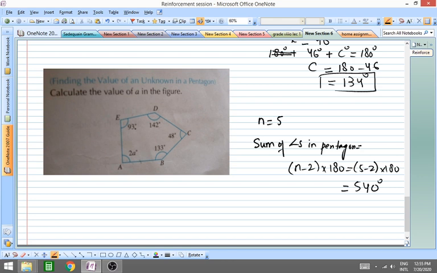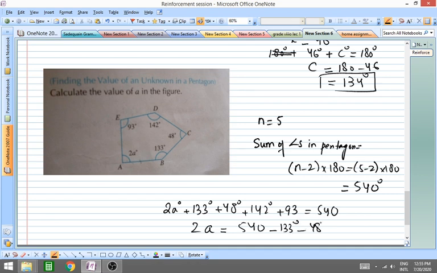We have concluded it. Now make an equation. How to make an equation? You will write 2a degrees plus 133 degrees plus 48 degrees plus 142 degrees plus 93 would add up to 540, and you can simply find the value of A, as 2a would be equal to 540 minus 133 minus 48 minus 142 minus 93.